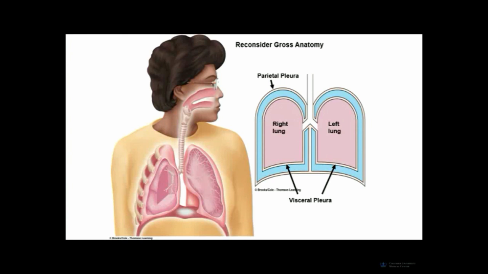Sometimes I call the intrapleural fluid the glue that keeps the lungs inflated. What it also means is that anytime the thoracic cavity expands or contracts, the lungs are also going to expand and contract, because of that intrapleural fluid.